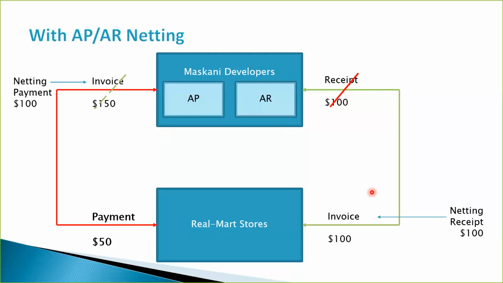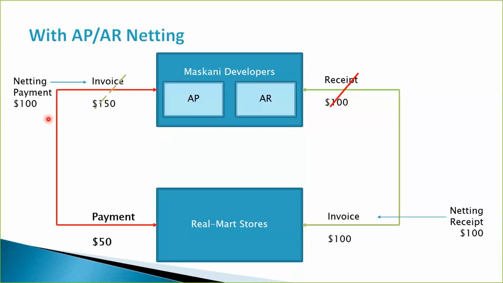Okay, so the GL account, which is the netting control account, is like a fake cash account, right? Remember, when we create the bank accounts, we usually enter the cash account associated with it. So in the same way, when we configure the settings for AP and AR netting, which includes bank accounts and GL accounts, we have to do the same thing, but those features are going to be dummy features.